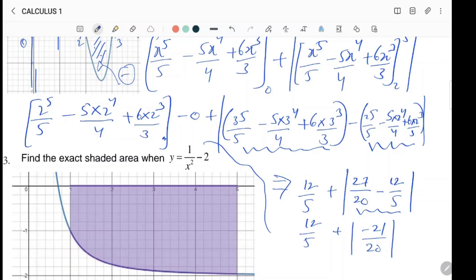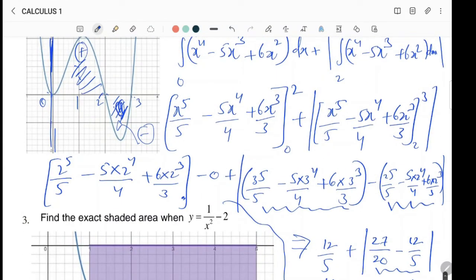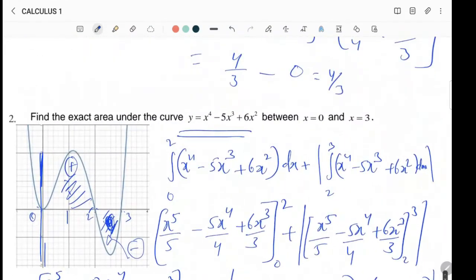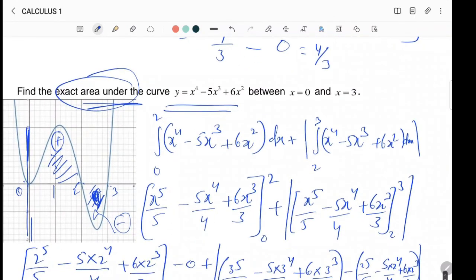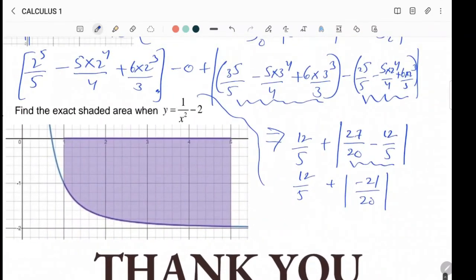I told you in the beginning also, this area will be negative because it is below the x-axis. But what's the question? The question says exact area under the curve. So we have to find area. It means this plus this, we have to add absolute values. So 12 over 5, now we have to make it plus sign because absolute area will be positive, 21 over 20.